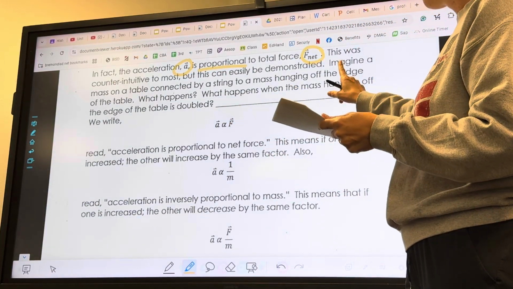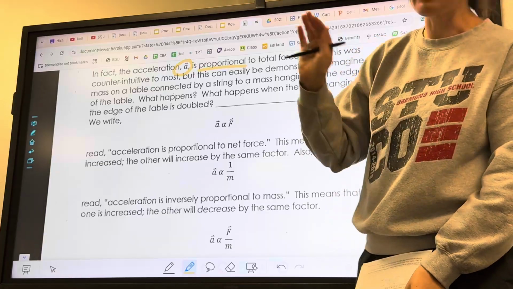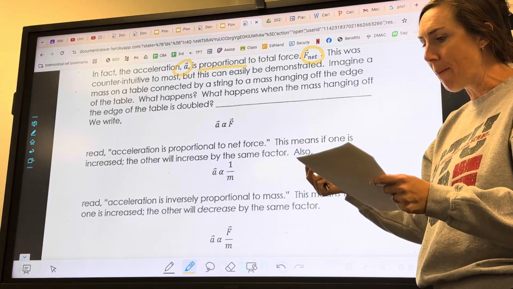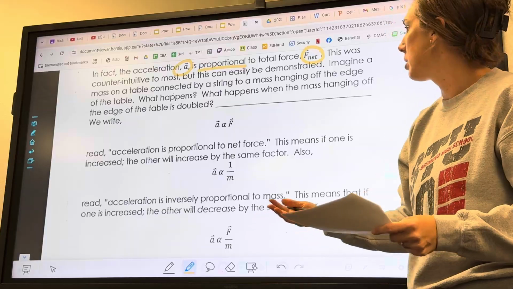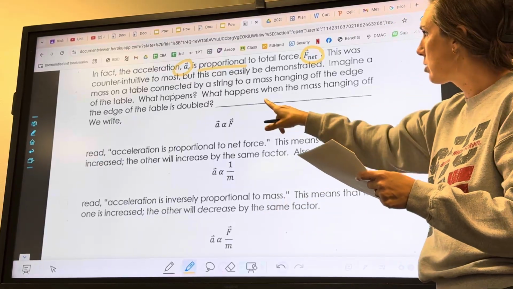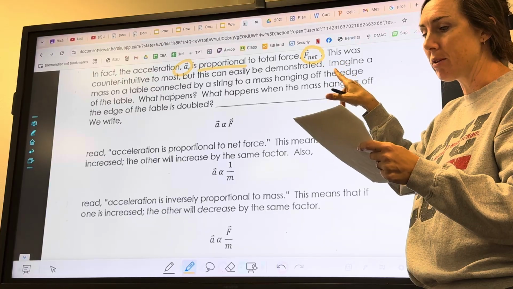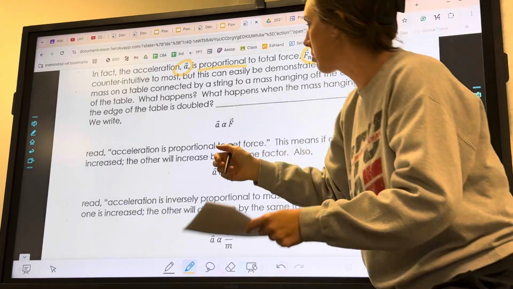So, if you have a mass hanging off a table and then you double it, what happens? The acceleration doubles, okay? So that last question, what happens when a mass hanging off the edge of the table is doubled? Acceleration doubles.